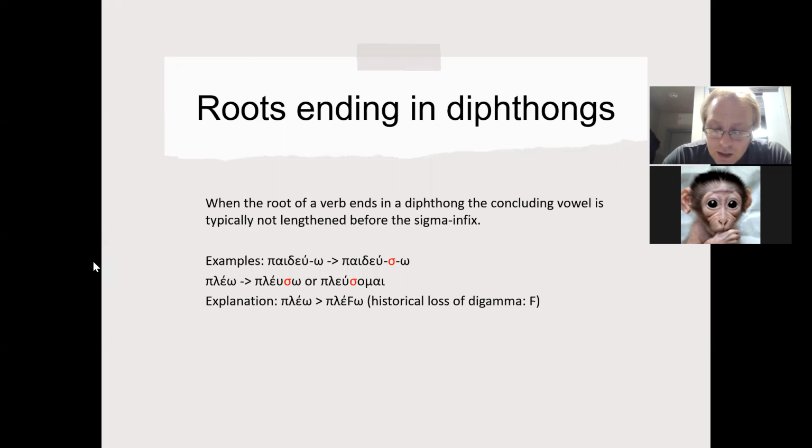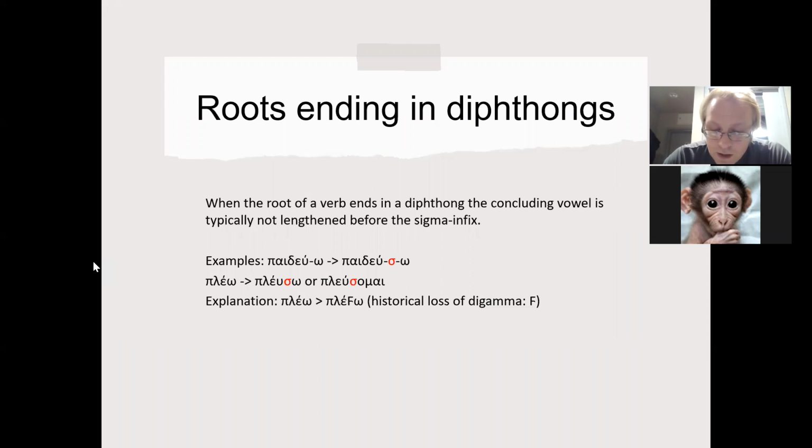In some cases, as in paideuso, when the stem ends with a diphthong, the final vowel is not lengthened at all, and the only thing that happens is that the sigma infix is added to the stem. So there's no difficulty here. But as we saw, if the stem ends with a short vowel, that vowel usually is lengthened. But this is not always the case either.